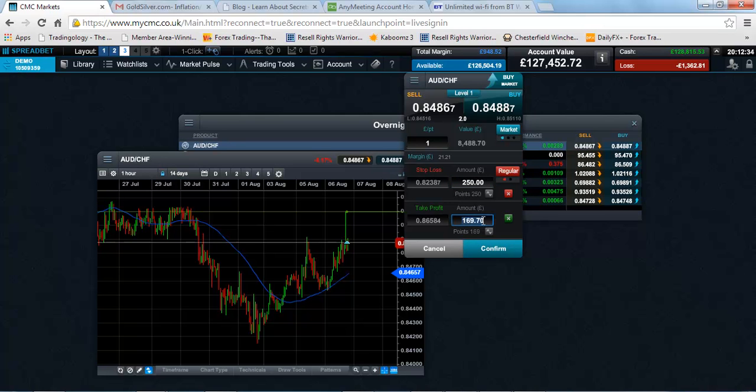And then the take profit, we can put 20 or 10, and then obviously we click enter, and then it will ask us to confirm again, and then we click on confirm. But because I'm already in this trade, I cannot go in again, so I'll just cancel it right now. But that is how we buy a currency pair.